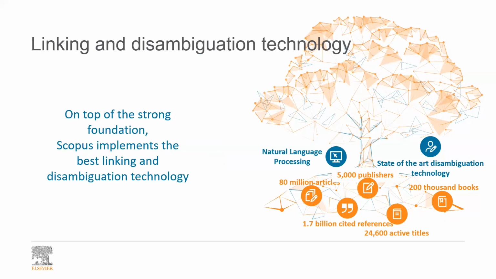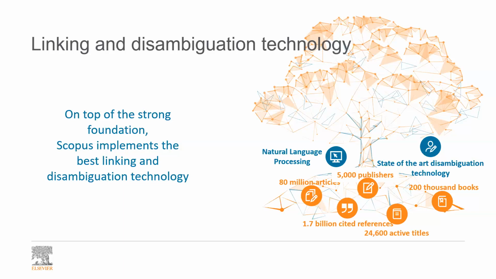By leveraging natural language processing and state-of-the-art disambiguation technology, we are able to generate very strong Scopus author profiles. How this happens is that, for instance, when we work together with publishers, they submit their journals to be indexed within Scopus. It's only of a certain quality before the journal is allowed to be indexed. And what happens is that publishers always submit updated copies of these journals to Scopus.